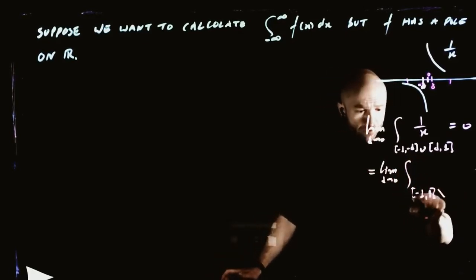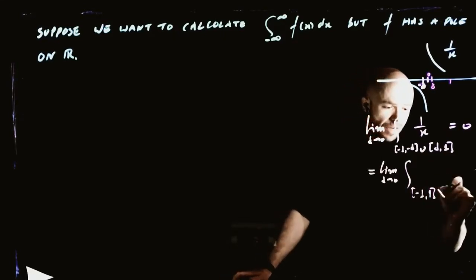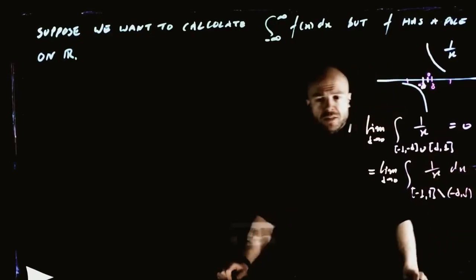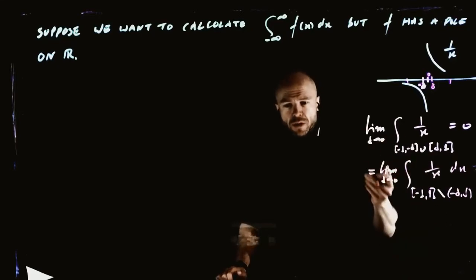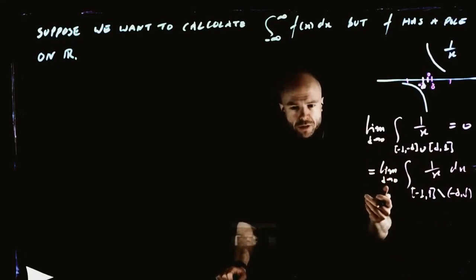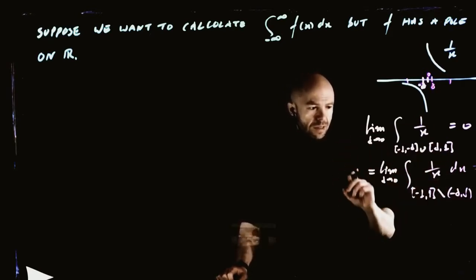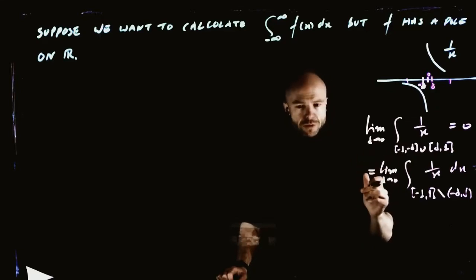So this is like taking the interval minus 1 to 1 and simply taking away the interval minus delta to delta, of 1 over x dx. And this thing turns out to make sense. And the minus 1 to 1 could have been anything, it's just convenience. The point is that if we just take away a little neighborhood around the singularity and pass to the limit, it's still going to have a convergent integral.